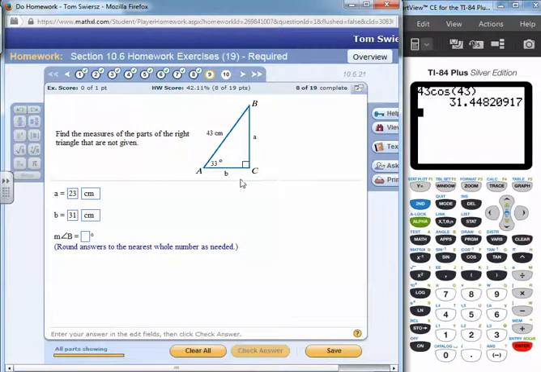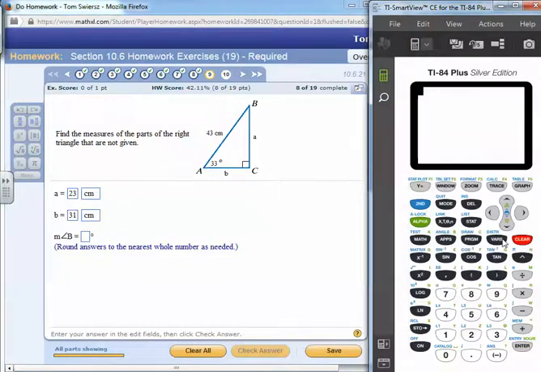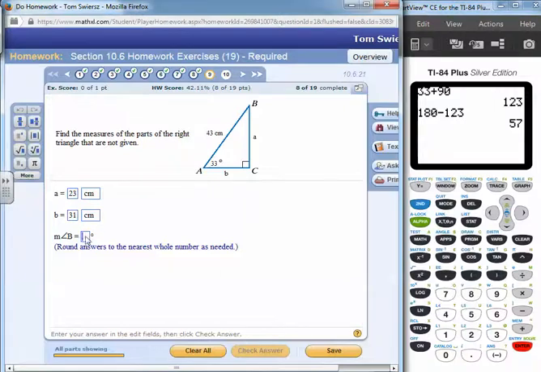Now the measure of angle B. Remember, the three angles of a triangle add up to 180. So we've got one angle of 33, the other angle is a right angle, 90, so that's 123. So 180 minus 123, and we're left with 57 degrees for the measure of angle B.